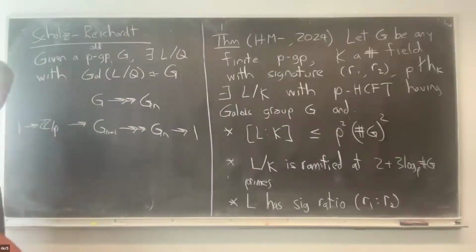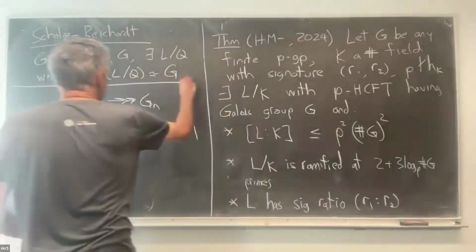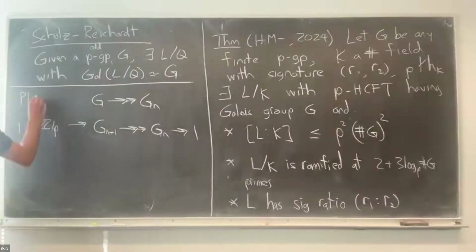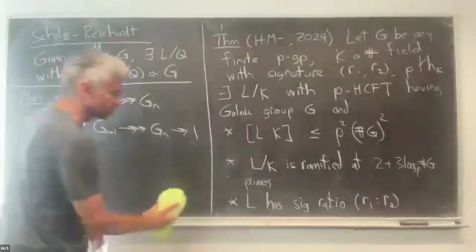We'll do it with quotients. And then the plan to prove the theorem, so that's the theorem, and this is the plan, use some stuff we know about P groups. P groups implies we can do this. They're solvable.